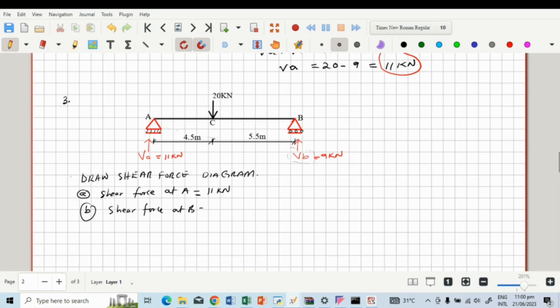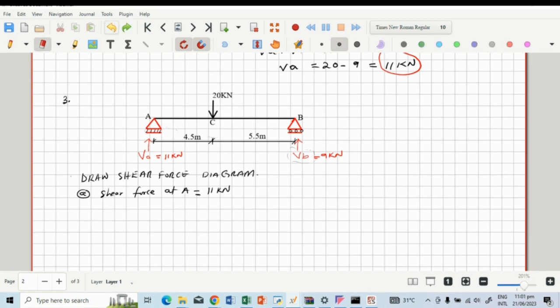And then the shear force at C. We've established that the shear force at A is 11 and we don't have any load on the member till we get to C. The resultant shear force at C will be this 11 kilonewton, right?